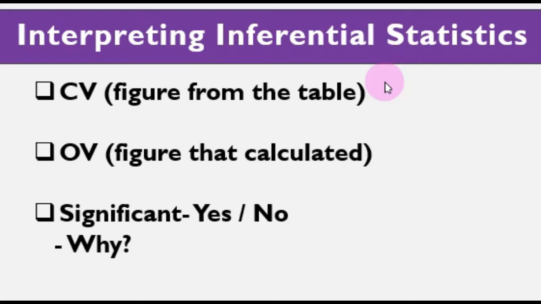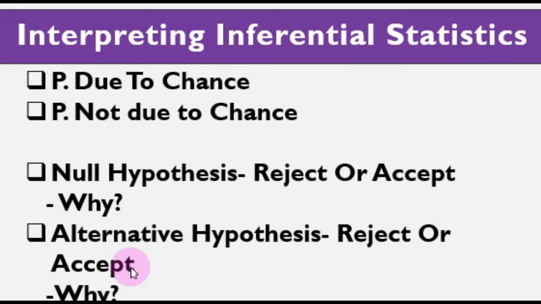Then you have to decide if you're going to accept or reject the hypothesis and why. Okay? So, dito papasok yung reject the hypothesis because hindi siya pumasok doon sa inaasahan na critical value na 0.05. Okay? Ganun siya.